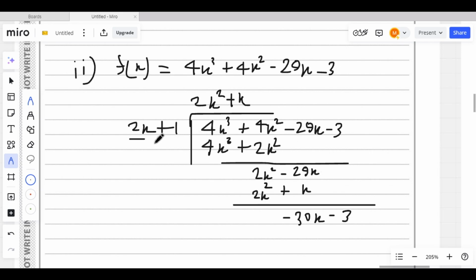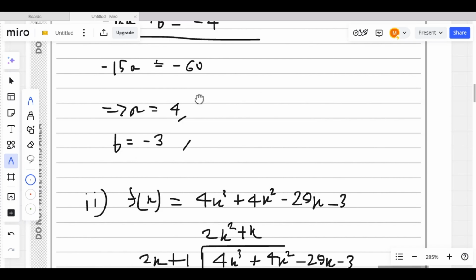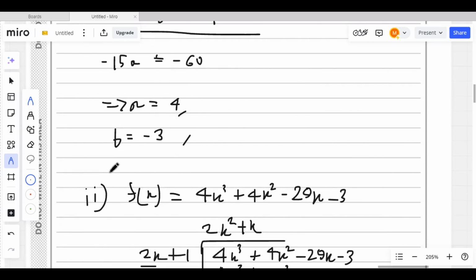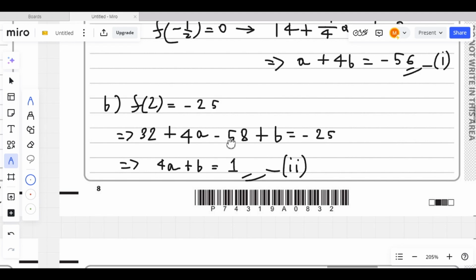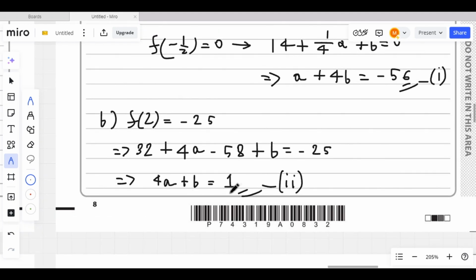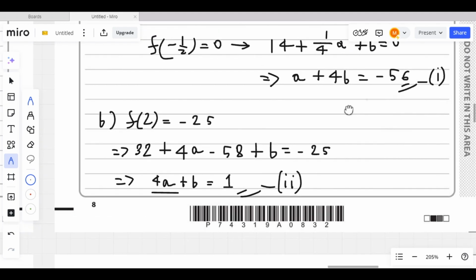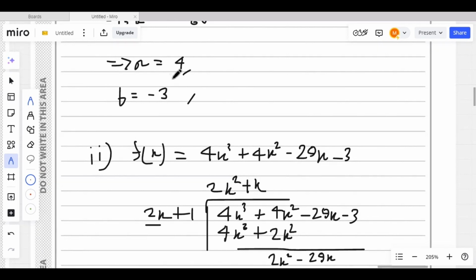Okay, 2x plus 1 is a factor of f of x. So definitely the remainder should be 0. I think we did something wrong there. Oh, that one was 1 minus 4a. So the value of a is what? 4.